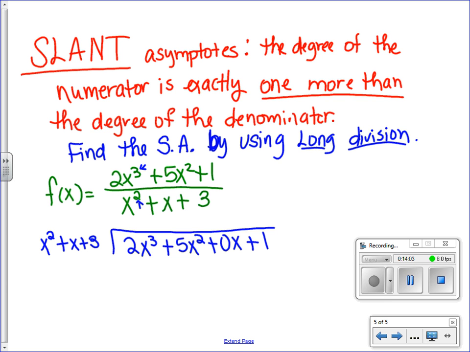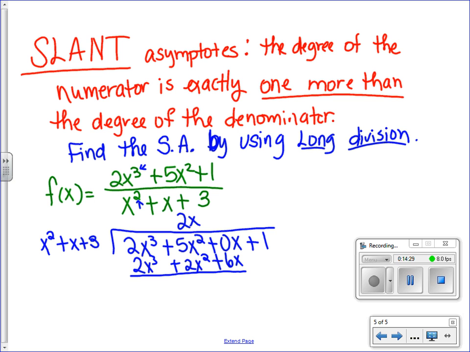How many times does x squared go into 2x cubed? 2x times. So that's going to be 2x cubed plus 2x squared plus 6x.